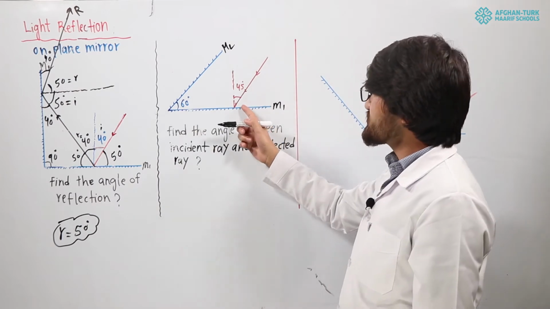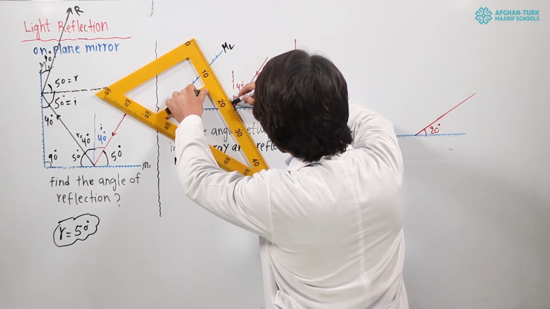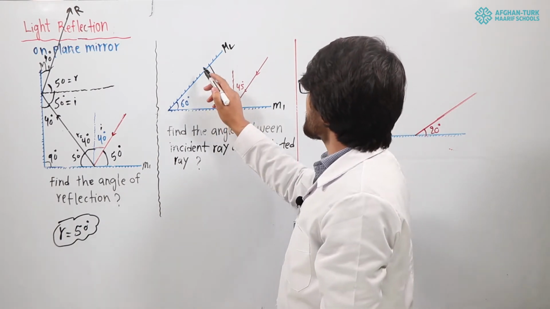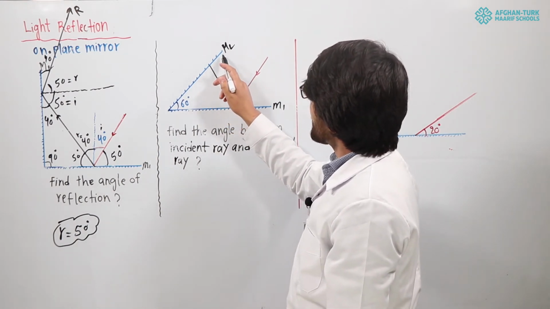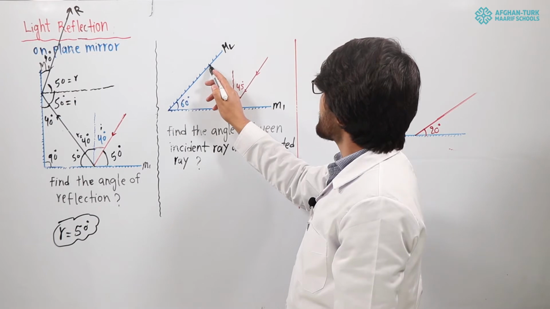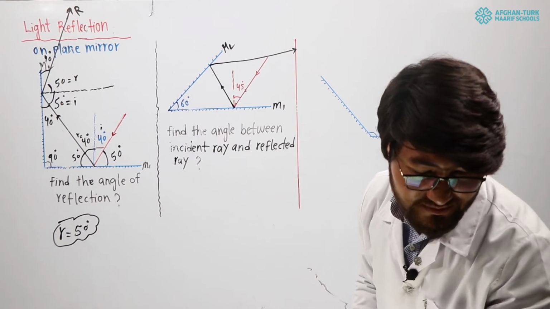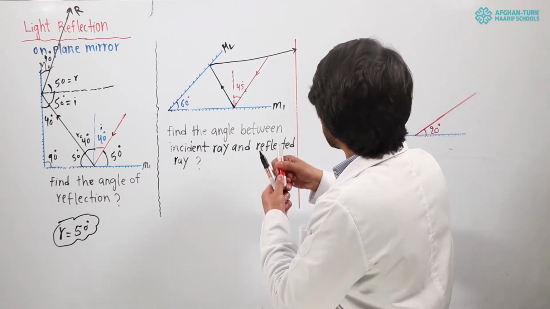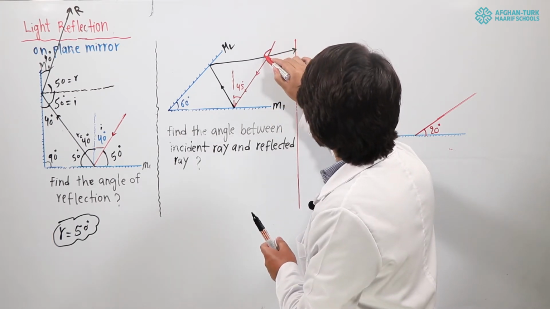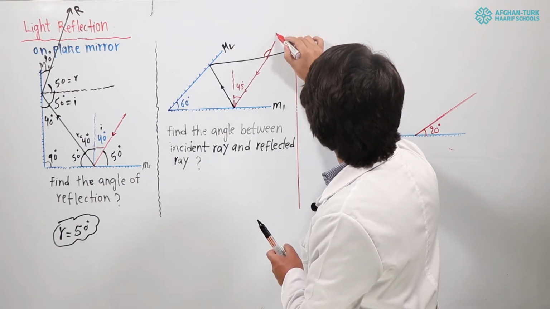The incident ray strikes the surface and then reflects and also strikes the M2, and this ray reflects from M2 also. This is the angle between its reflected ray and its incident ray.